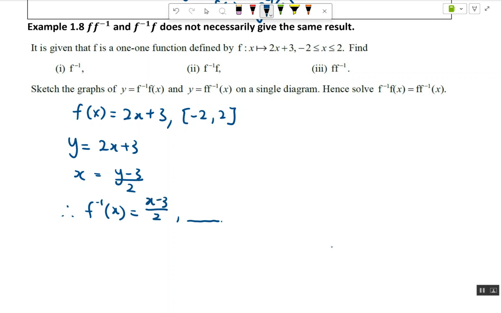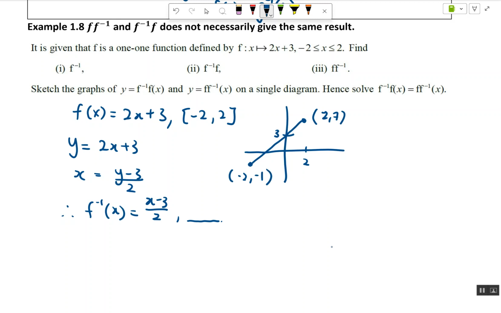Remember, we have to write the domain first. You can key into your GC, or you have to know all straight lines. So this is a straight line. In your mind, you can have this straight line going upwards, y-intercept is 3. When x is 2, y is going to be 7. And when x is -2, y is going to be -1.